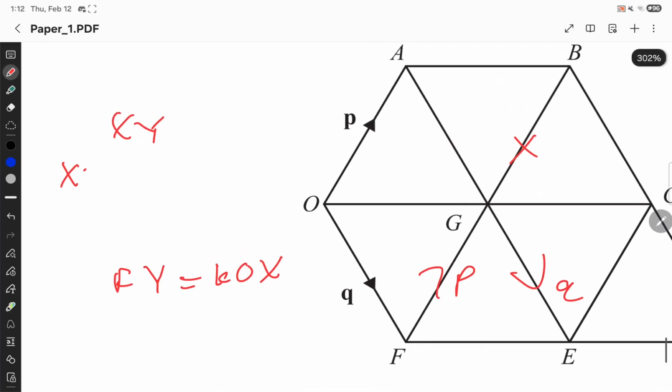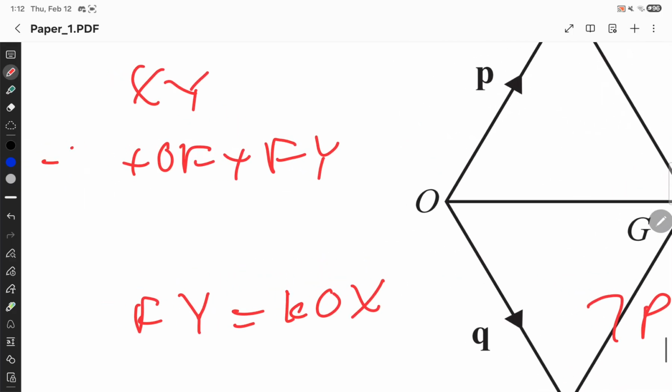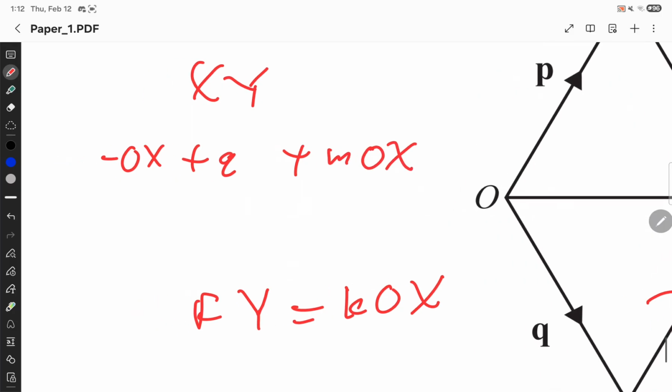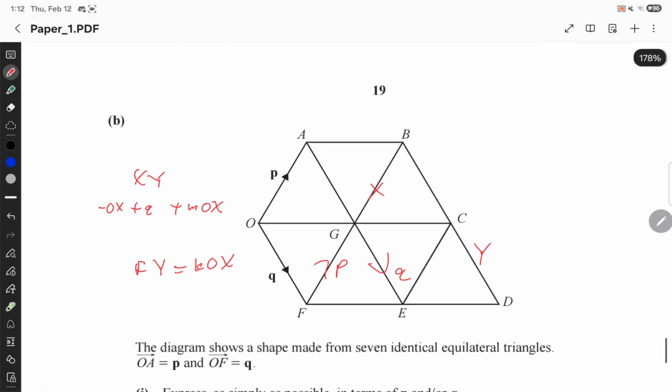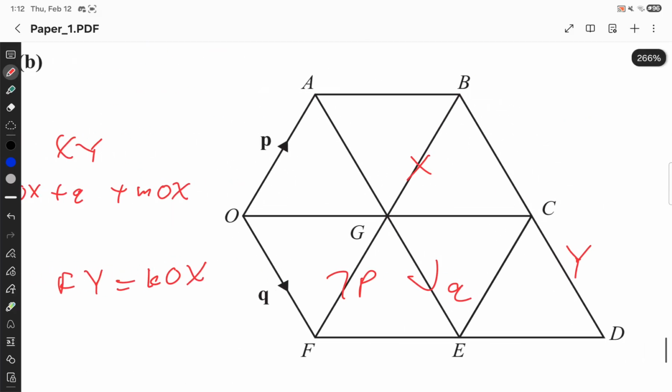XY is XO plus OF plus FY. XO is negative OX, OF is equal to Q, and FY is K OX. So this is our equation that we need to solve.